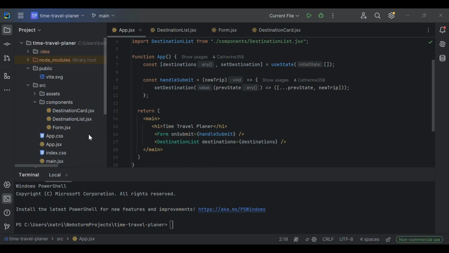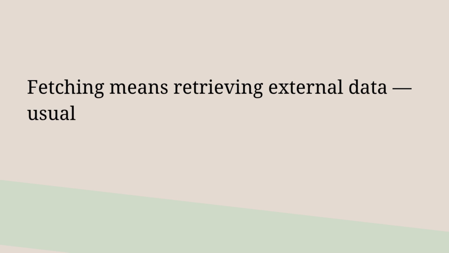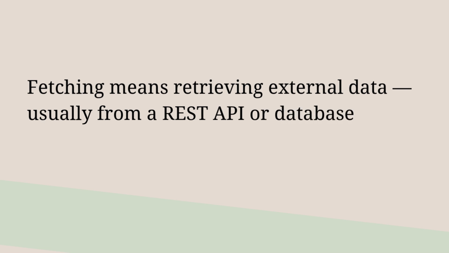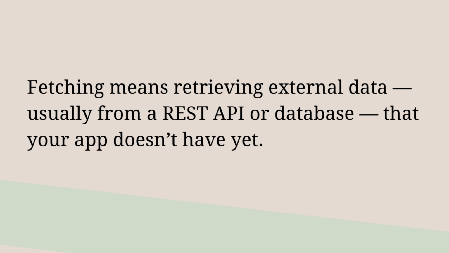So when you use useEffect, in most cases you're going to use it when you fetch data from some API from a backend. Fetching means retrieving external data, usually from a REST API or database that your app doesn't have yet. And in React we use fetch or libraries like Axios to make HTTP requests.